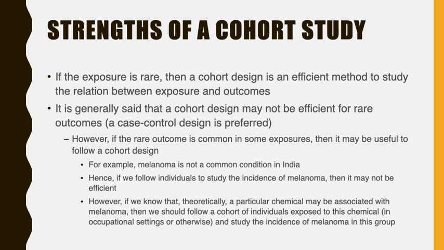So, for example, melanoma is not a common condition in India. If we wanted to look at the incidence of melanoma in India, this wouldn't be efficient. But if there was a chemical that's associated with melanoma, we could potentially follow the individuals exposed to this chemical to see if they develop it in the future.